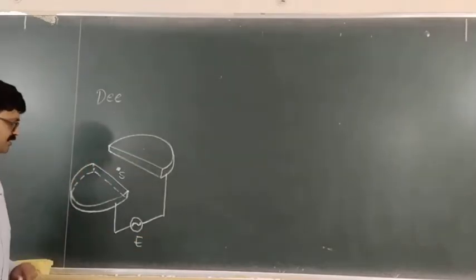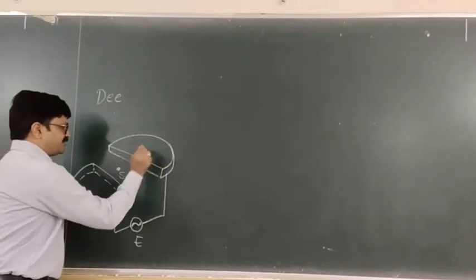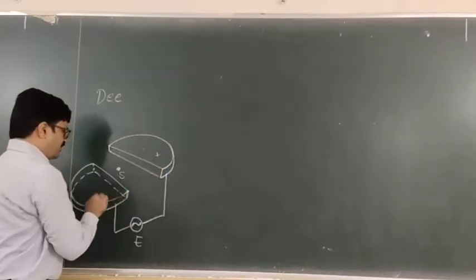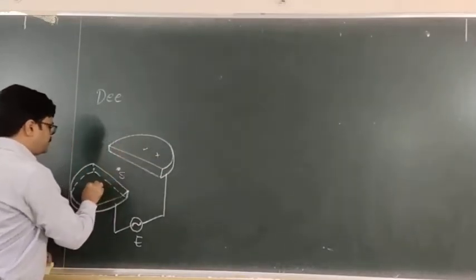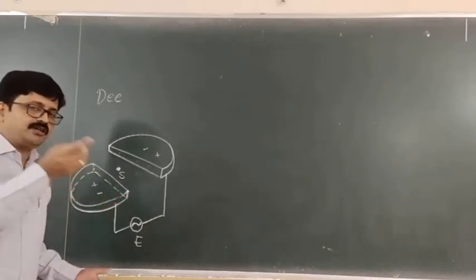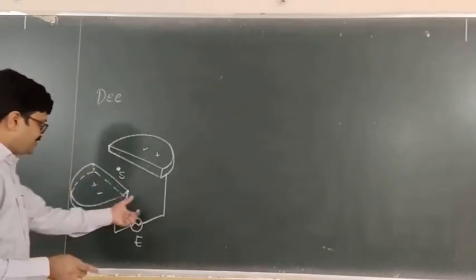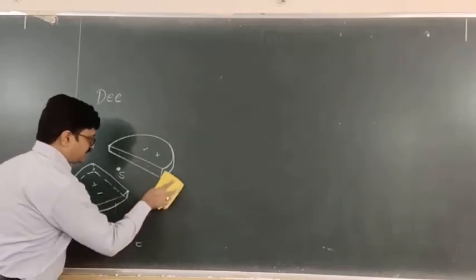So with this alternating electric field, in one half cycle this plate will be positive and this plate will be negative, and in the second half cycle this plate will be negative and this plate will be positive. It is just similar to the plate explanation I have given to you. Remember? It is just like that. So we have an alternating electric field like this.